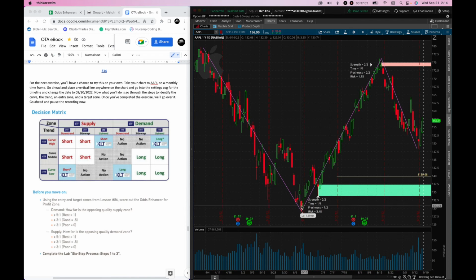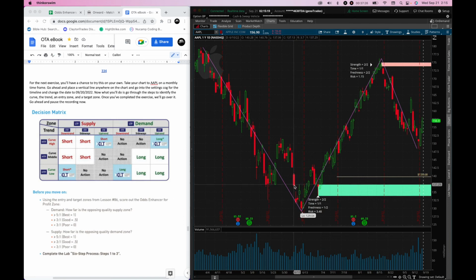However, if you look at this particular zone, when we look at strength, we don't have a move out that is equal to or greater than 2-to-1. And we also do not have a breakout where price moves beyond the distal line of a supply zone formation or a formation that represents selling.